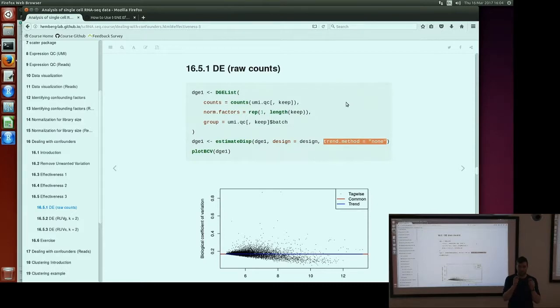So when you have very small numbers of samples, these empirical Bayesian ideas of sharing information across all of the genes to improve your inference on each individual gene has proven very effective.